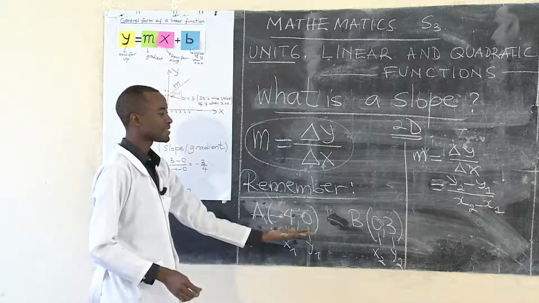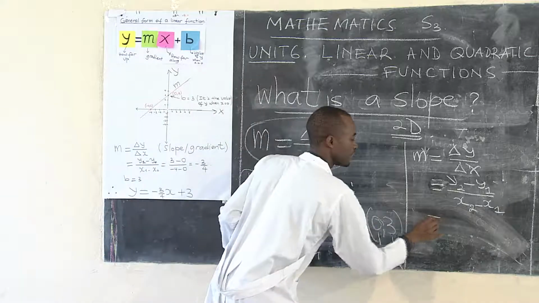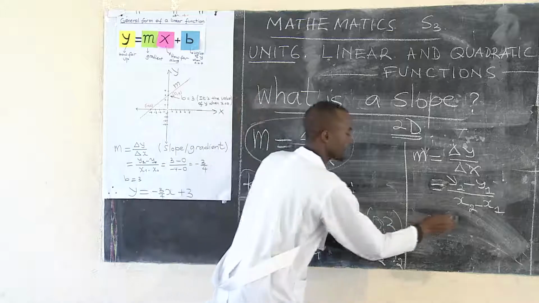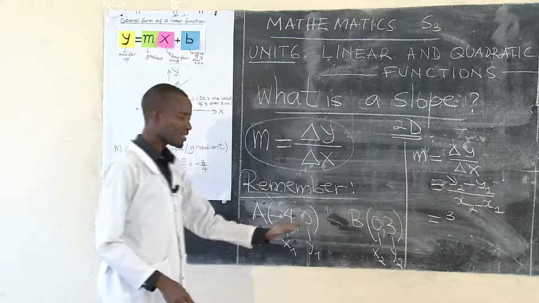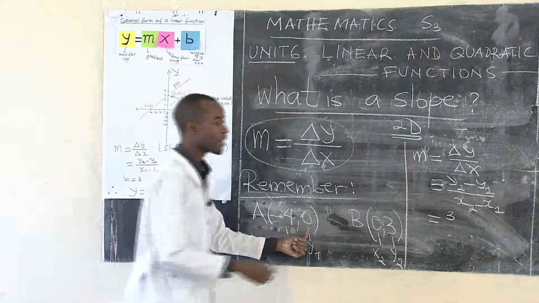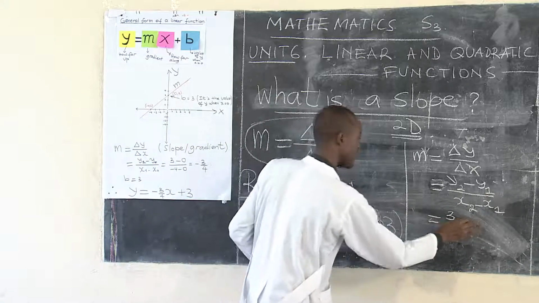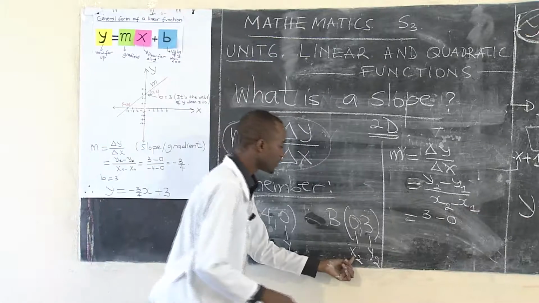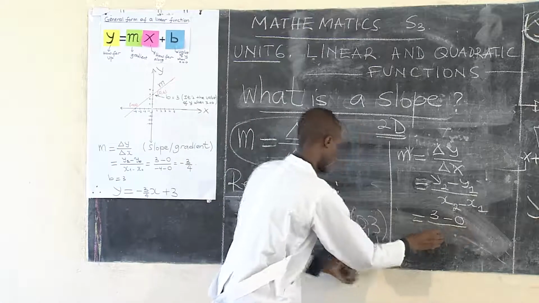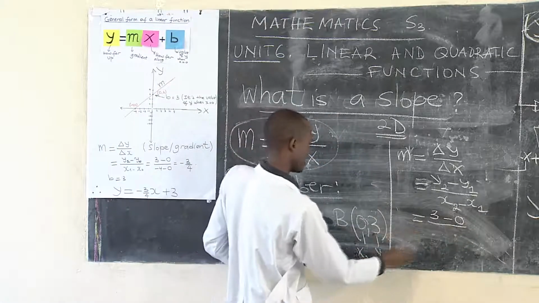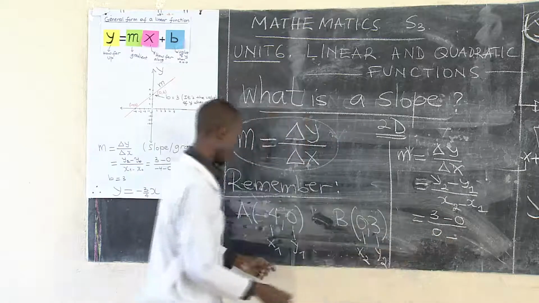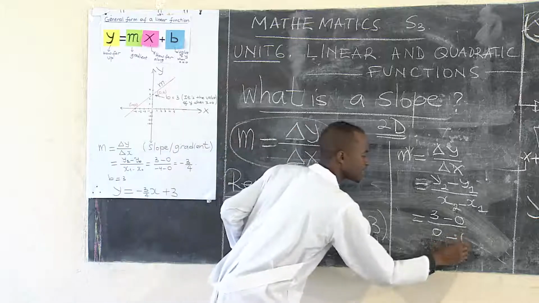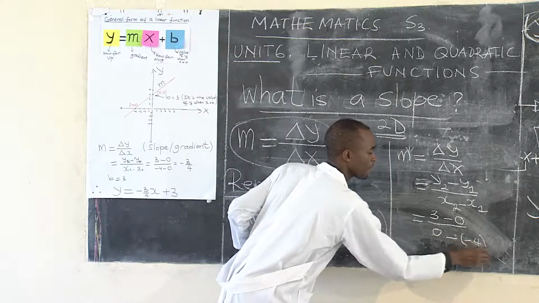Now I replace the values. What is y2? y2 here is equal to 3. What is y1? y1 is equal to 0. What is x2? x2 is 0. And then, what about x1? x1 is negative 4.